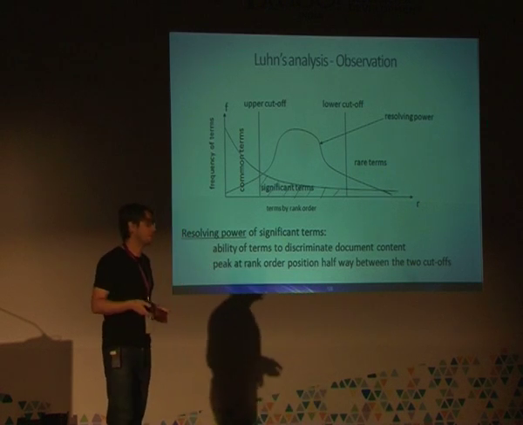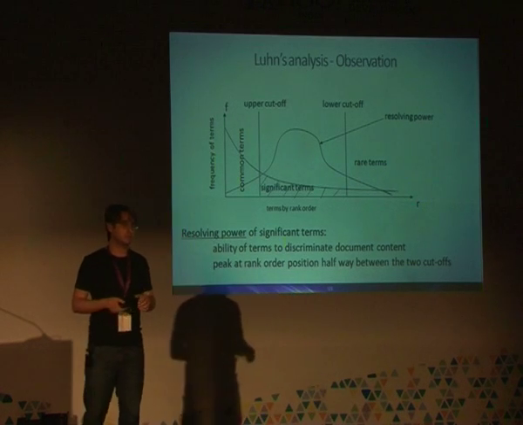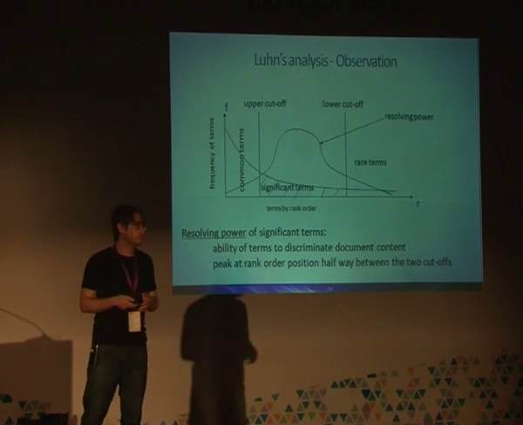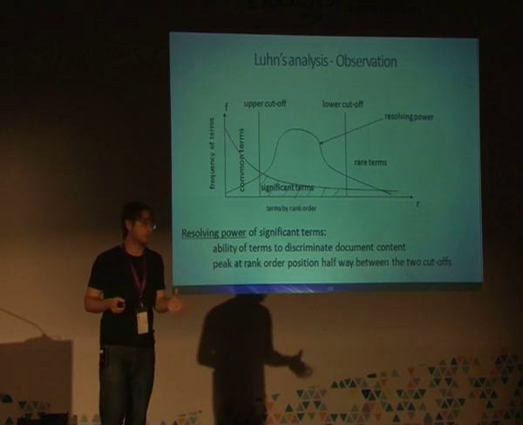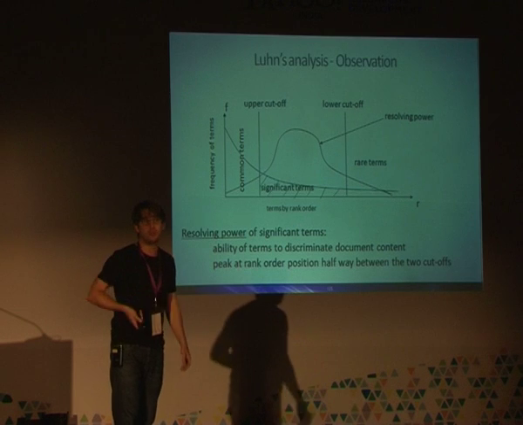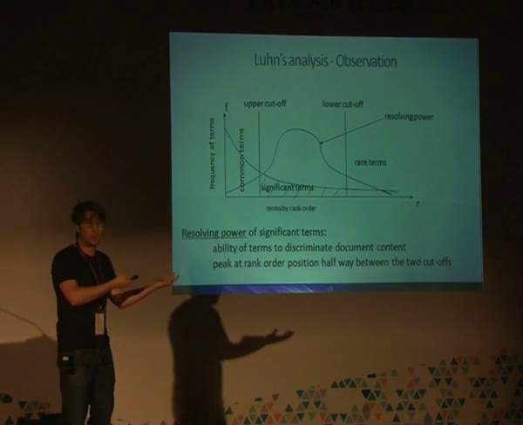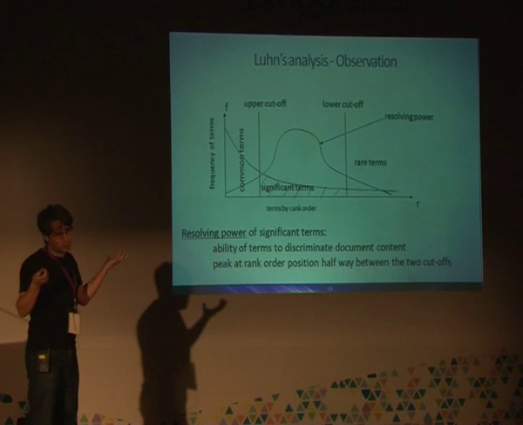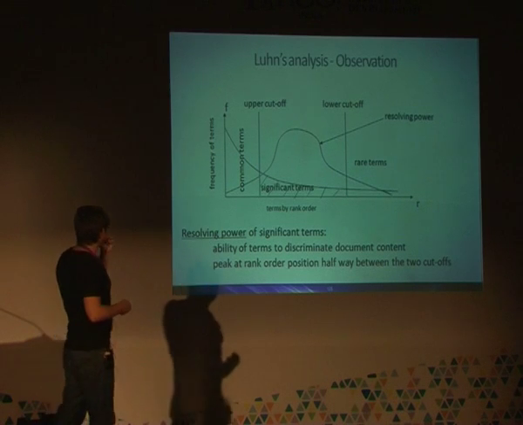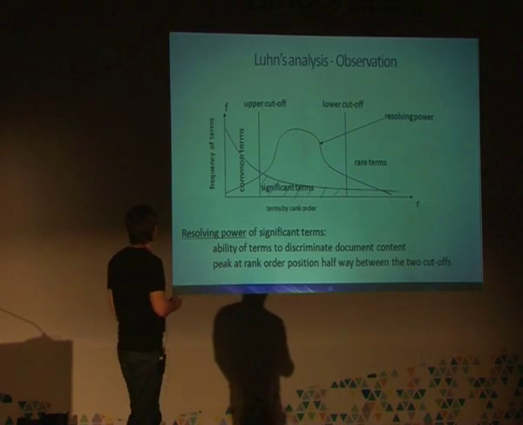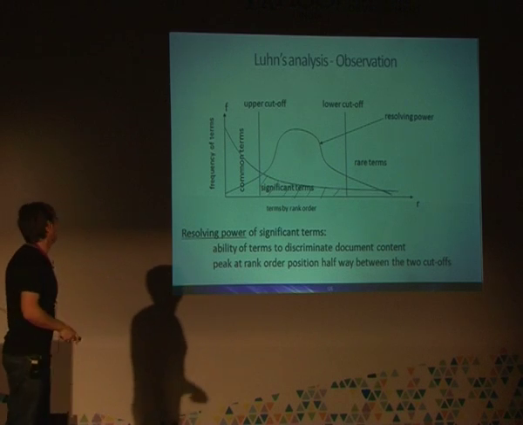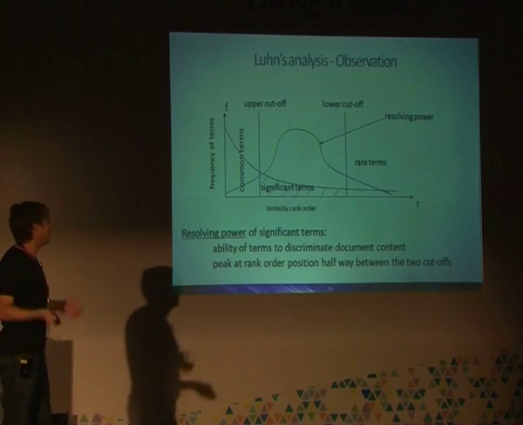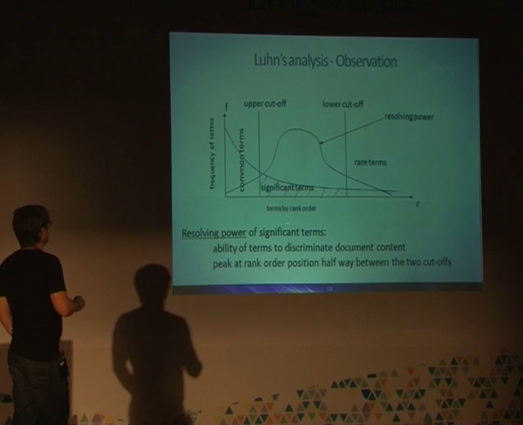You have two documents that talk about Bangalore Summer School 2013, and they have these words, so they're talking about the same thing. You don't really need to look at the rest of the document to know they're about the same topic. So what these researchers said is that terms have resolving power or discriminative power. This is the ability of terms to discriminate between document content.